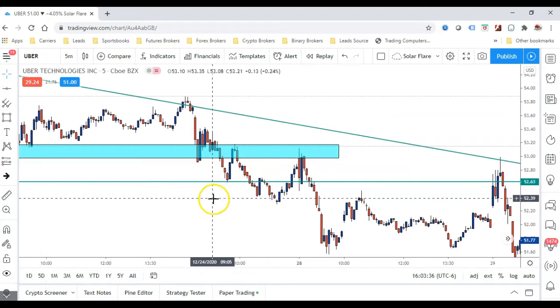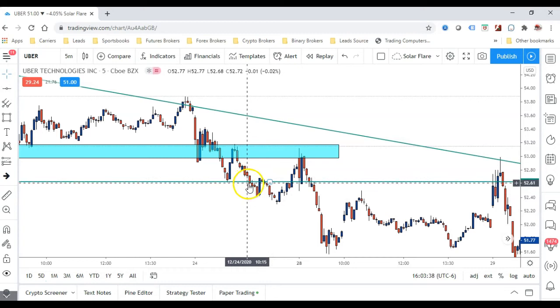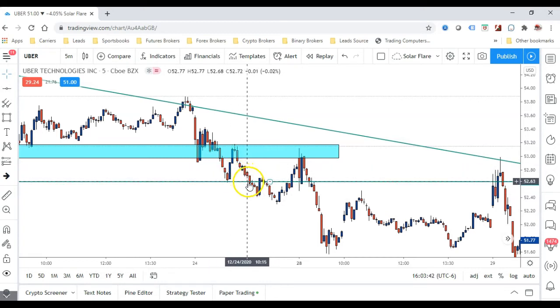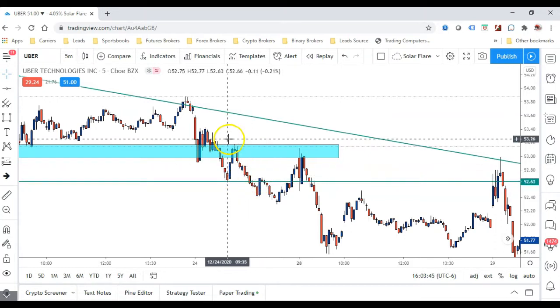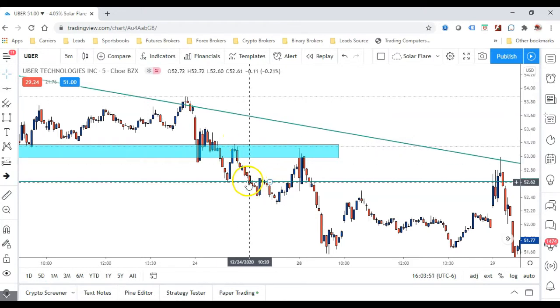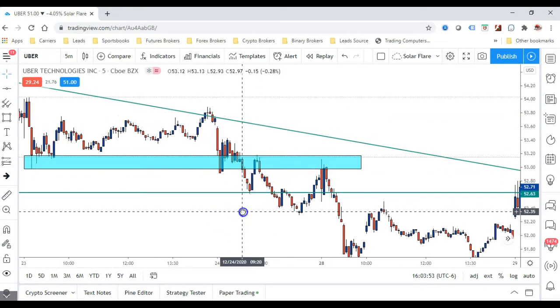That would have been 52.63. As soon as that trade started to get closer to my zone, I'm going to move my stop loss to break even, make sure that's a free trade, and go ahead and get out.